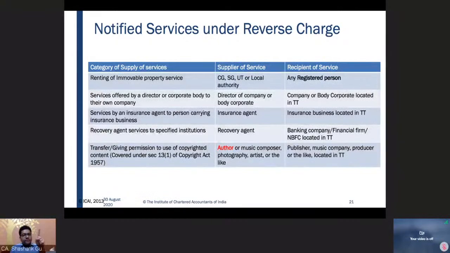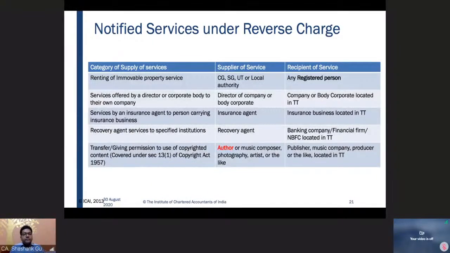Which is better? From compliance, from governance, from checking, one, right? So that is why the liability from the insurance agent has been shifted to the insurance company. Similarly, in case of a recovery agent, the liability has been shifted to the banking company, financial firm, or NBFC located in the taxable territory.